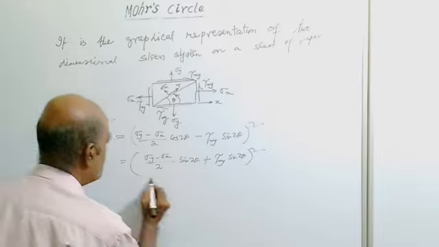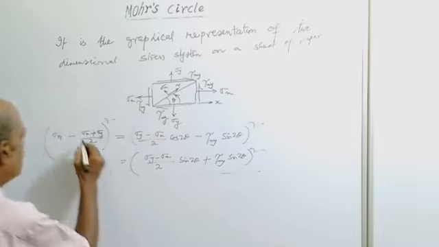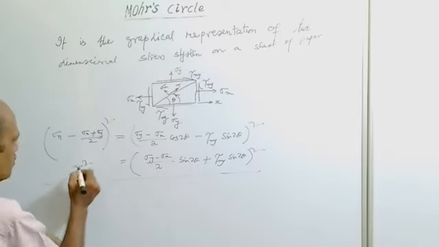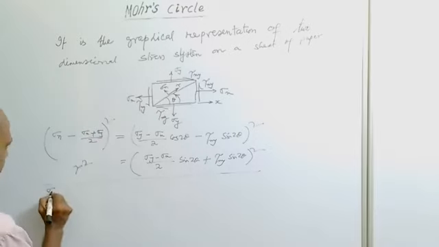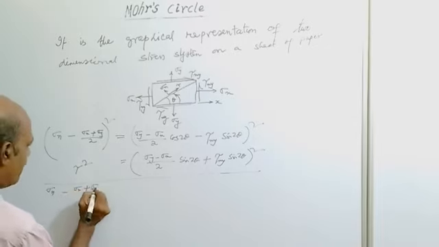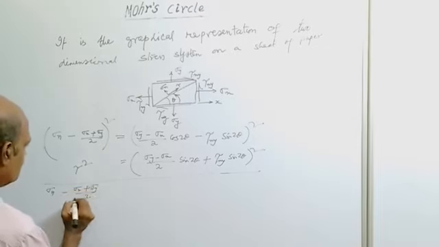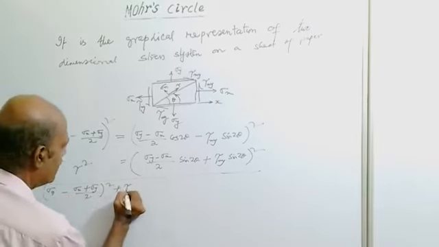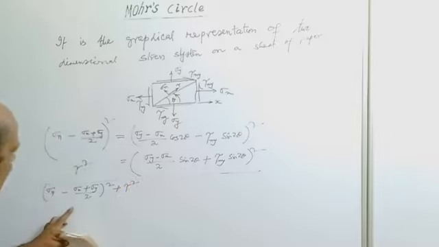Now if we add these two equations, we can write sigma n minus sigma x plus sigma y by 2 whole square plus tau square. Let's see what happens.